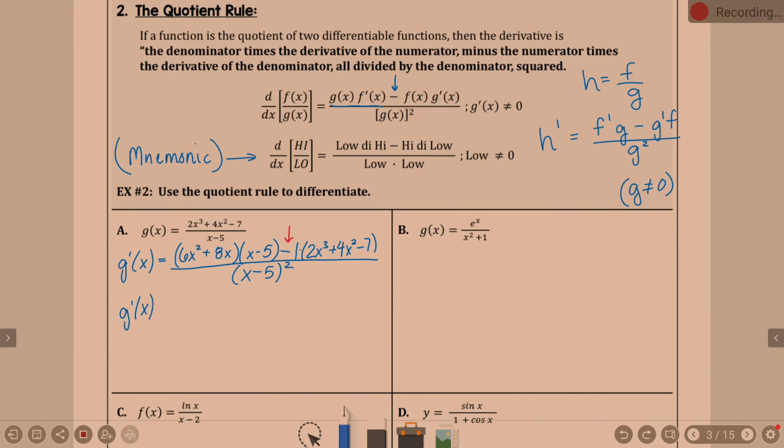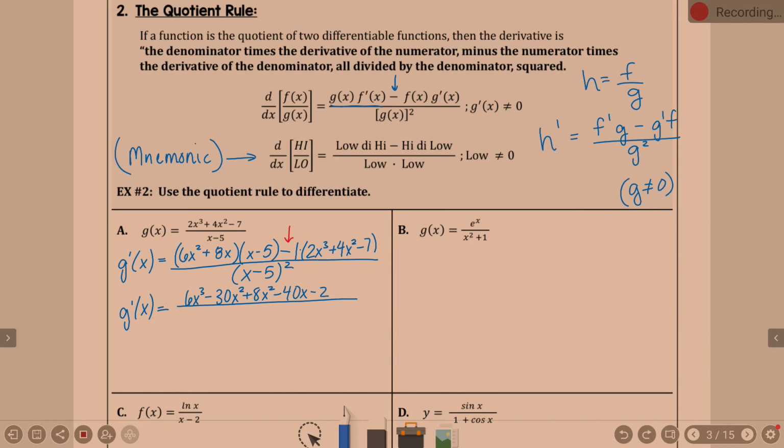Okay, let's multiply that top out. I'm foiling first. 6x cubed minus 30x squared, right? Yeah. Plus 8x squared minus 40x. The second one, it's a 1 just multiplied in, but it is negative.